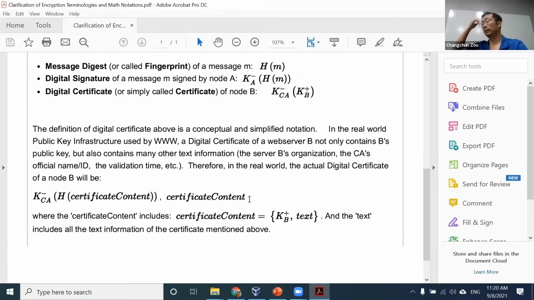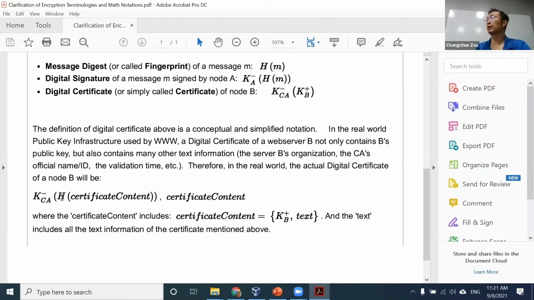So the whole thing here is the digital certificate of a web server or any server. It's the certificate content in text, because we don't need to keep it secret. Anyone can know it. Plus the digital signature on the certificate content.